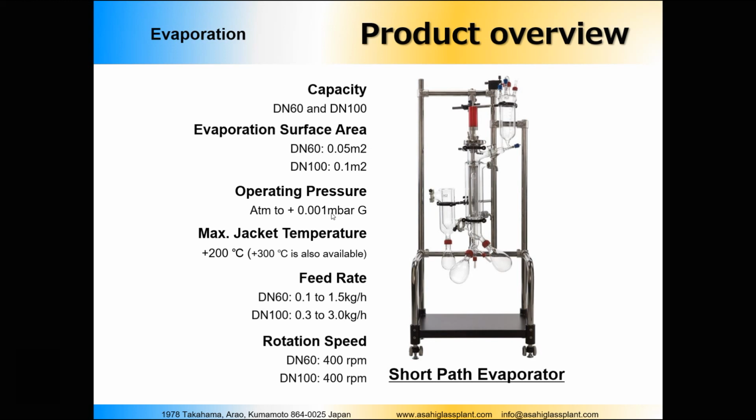But I have to tell you that thanks to, I don't know, the genius of Asahi's engineers, we've managed to sell one unit which was working down to 10 to the minus 4 millibars. And that was actually the main reason why the AGI EQUI SPE was chosen against VTA, which was offering a 10 to the minus 3 millibars unit.